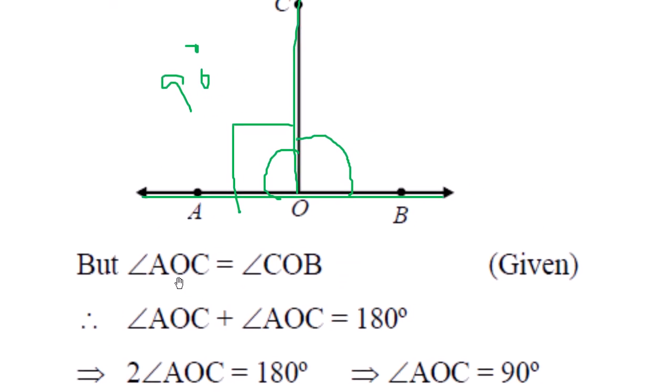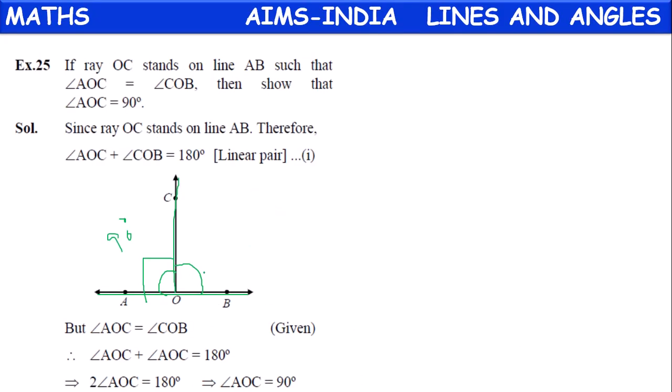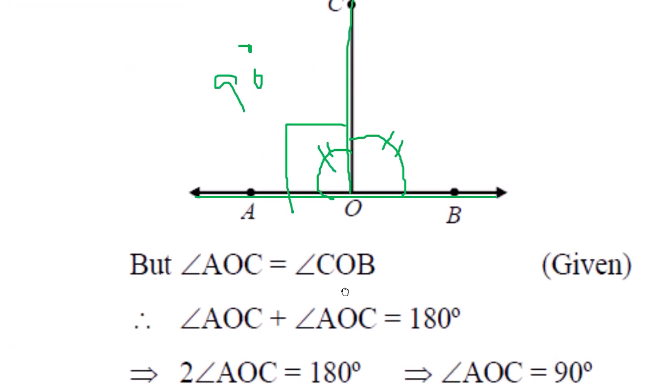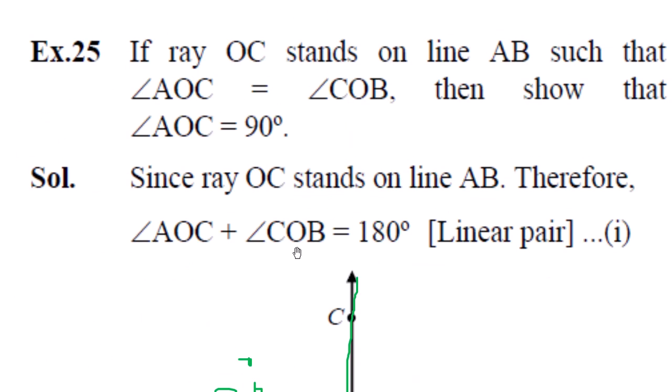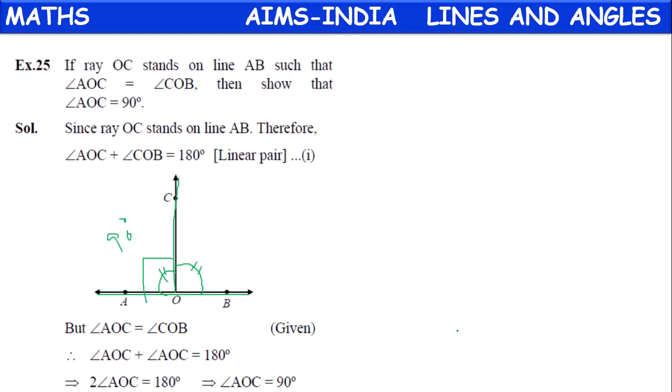But they have given AOC equals COB, both are equal. So in the place of COB, we can keep AOC. AOC plus AOC equals 180, 2 AOC equals 180, AOC is 90 degrees. So proved.